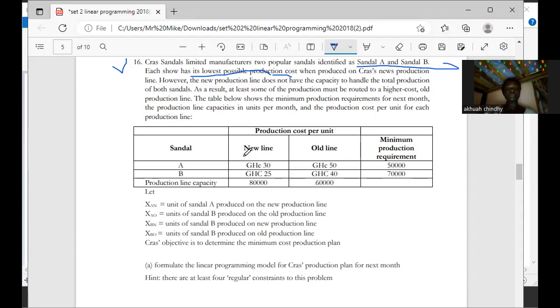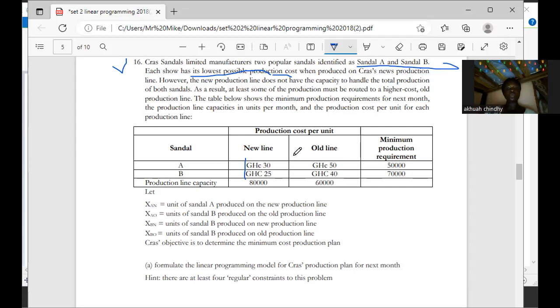This is the contribution that each sandal will make to cost when produced on the new line or the old production line. You get it? So if sandals A is produced on the new production line, each sandal produced will cost 30 cedis. If it is produced on the old line, then each sandal would contribute 50 cedis to the cost.